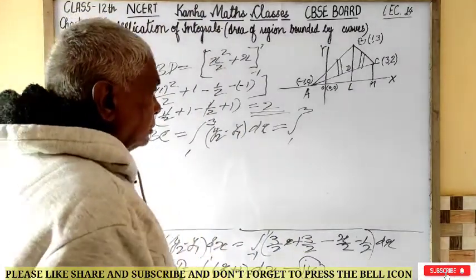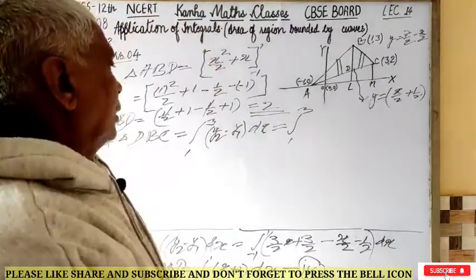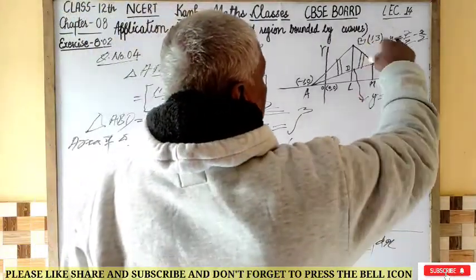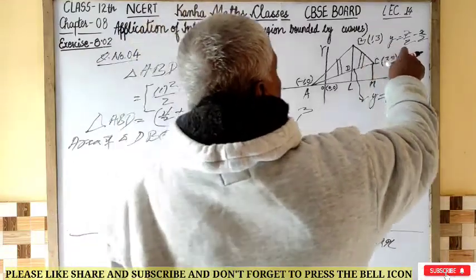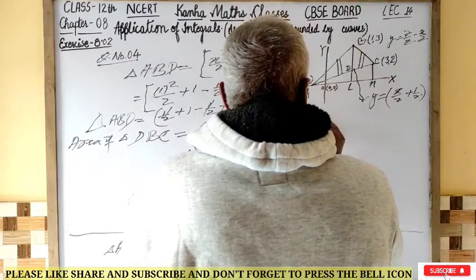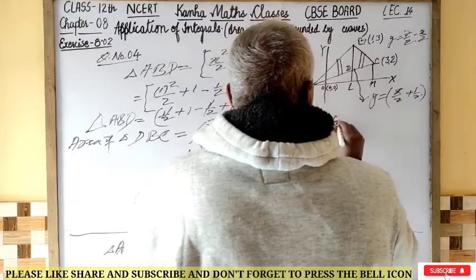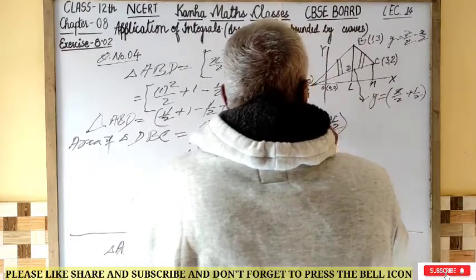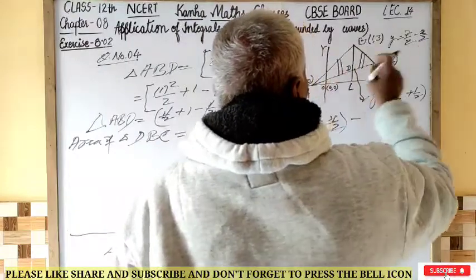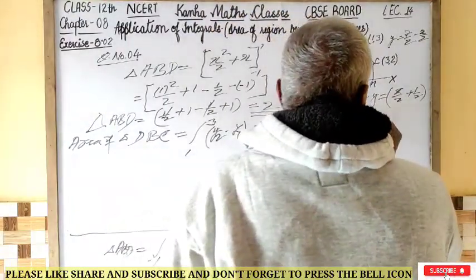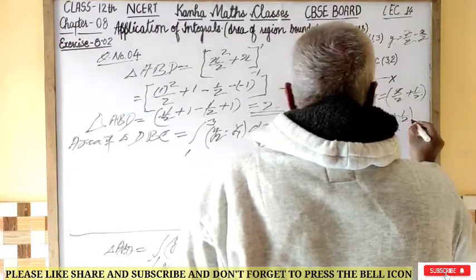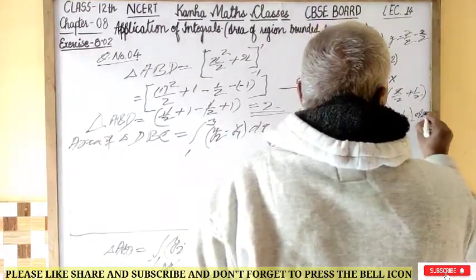Now the value of y2 means the equation of BC, that is y equal to 7 by 2 minus x by 2, minus y1, the value of y in the equation of AC, that is x by 2 plus 1 by 2, and dx.